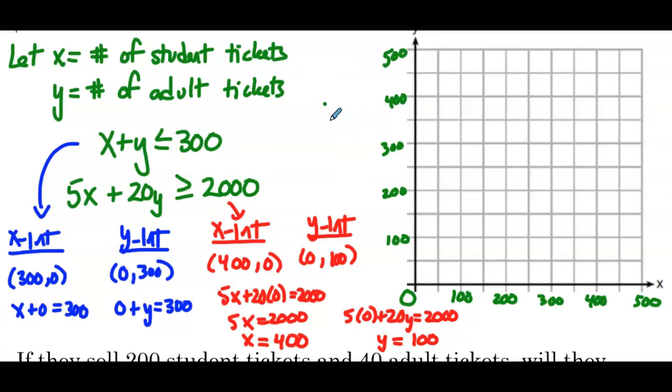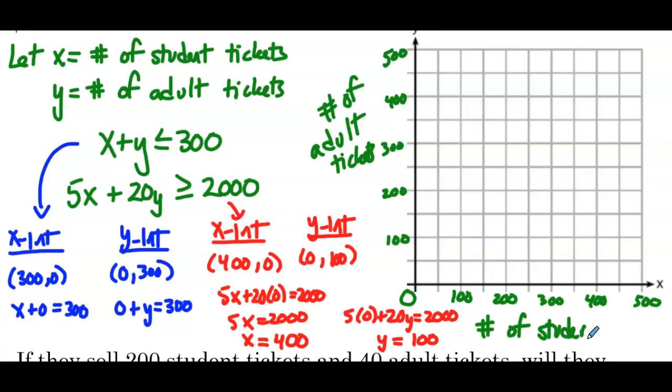So the y-axis is the number of adult tickets. The x-axis is the number of student tickets. And now we have everything labeled, we have everything scaled, now we can graph.